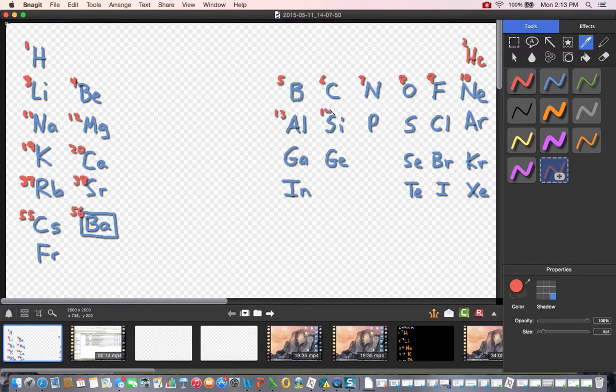So you notice we've already placed the first 20 elements on the periodic table. And I think it's fair to say this represents probably more than what you'll need to know. But a little extra knowledge isn't going to kill us. And these atomic numbers are just for reference.